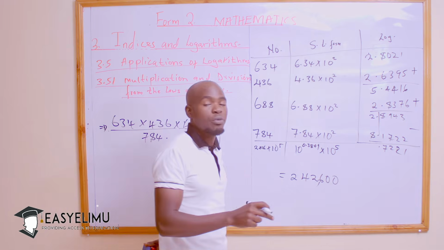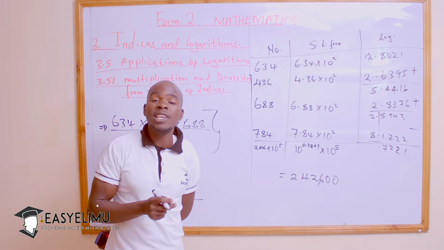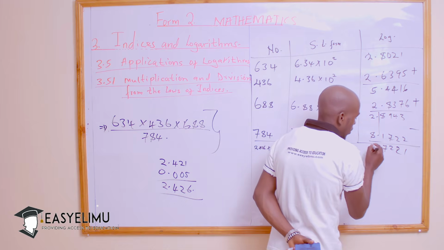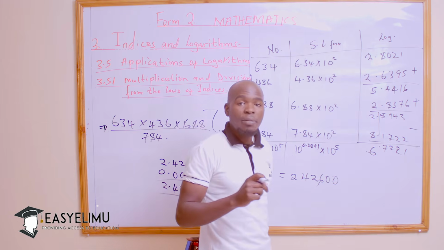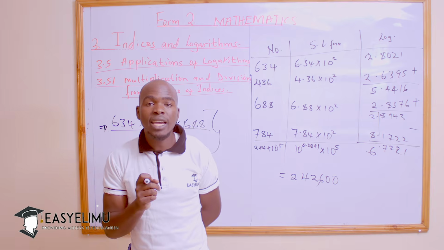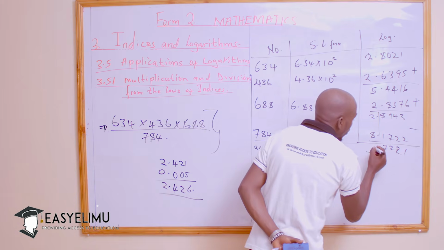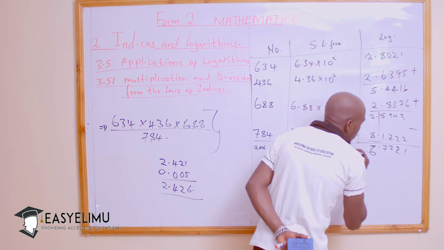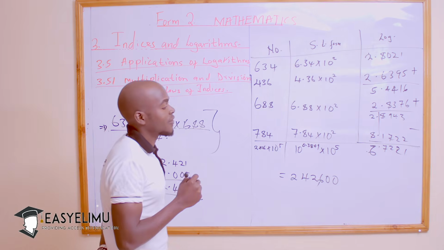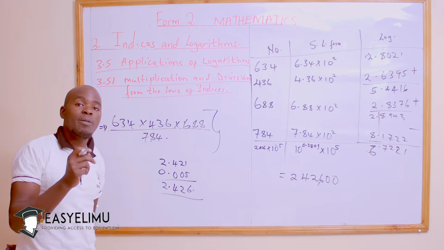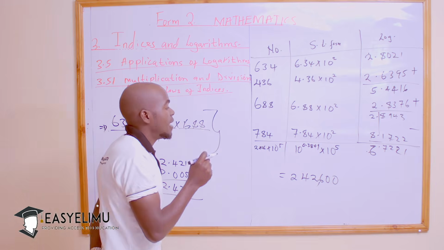If you take 2 subtract 8, you find negative 6. But remember that negative only indicates that the characteristic part is the only one which is negative. So you put a bar sign on top of 6 to indicate that only the characteristic part is the one which is negative.